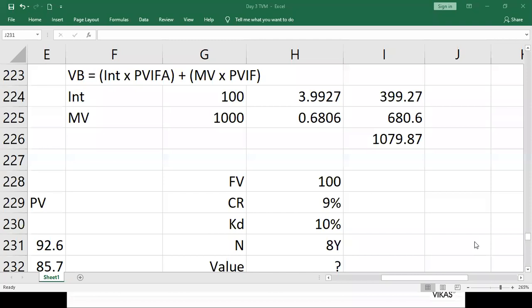Others, please do the calculation and then give the answer. Sasika says 94.715.